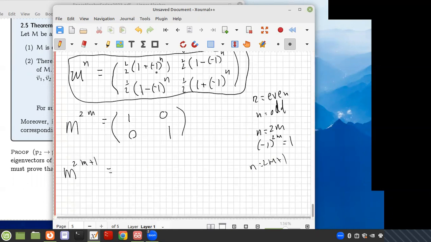Then what's going to happen is up here, the -1 to the 2M plus 1 will be -1. So the two entries that cancel are the diagonal entries, 0 and 0. And since I have a -1 here, this is the one that will be non-zero, so I have a 1, 1.